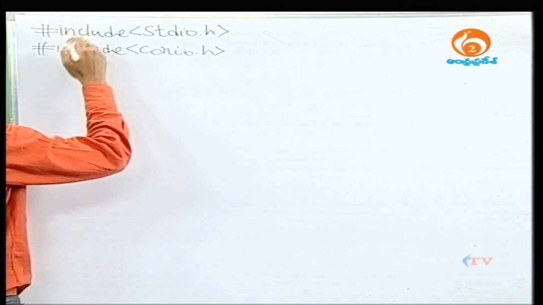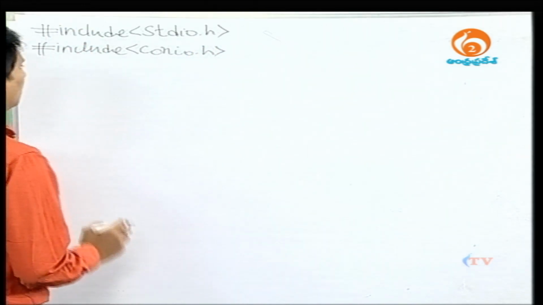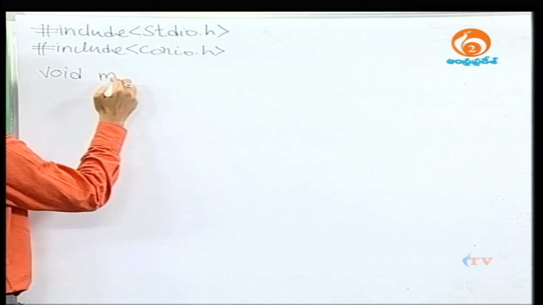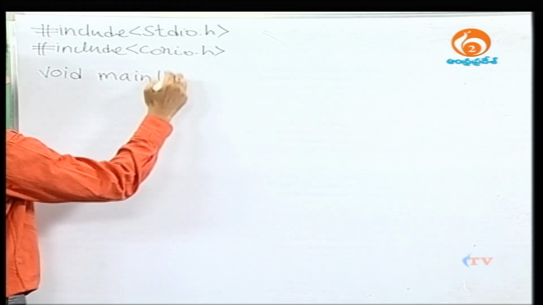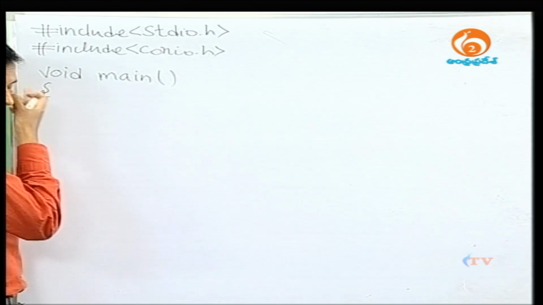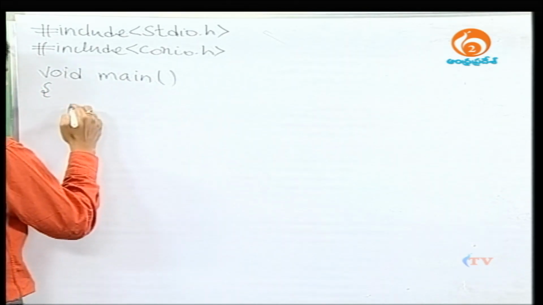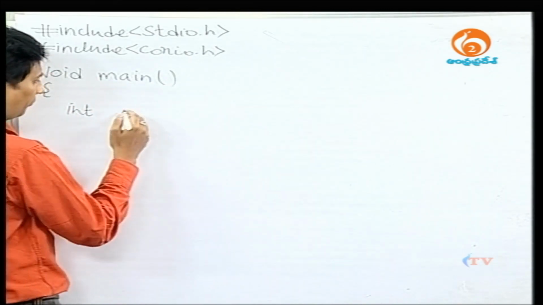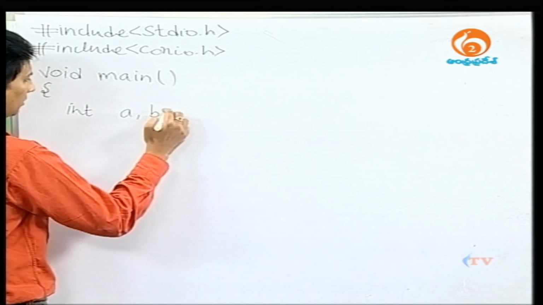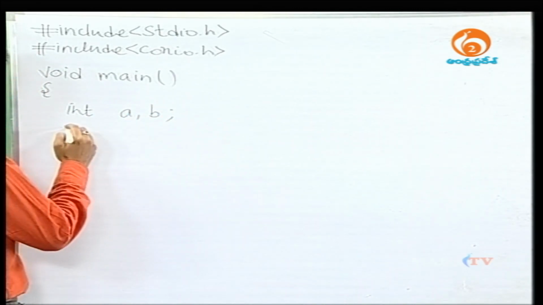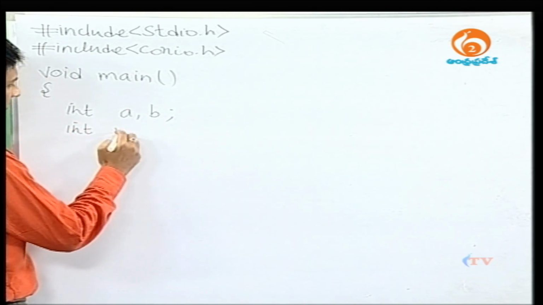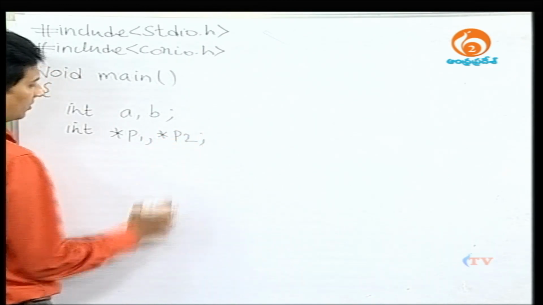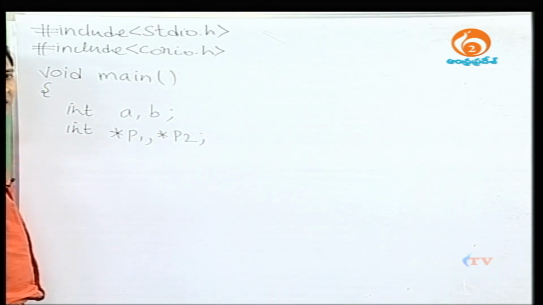Include stdio.h, include conio.h. Next we write void main. int a comma b semicolon. Next, int star p1 comma star p2 semicolon.